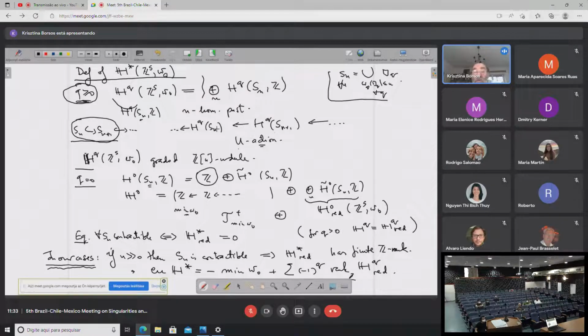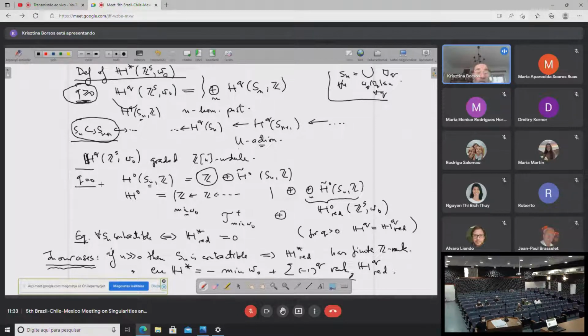That is a U action on this direct sum. So U has, say, degree -1 in this terminology, and so HQ is a graded Z[U] module. That is the structure that I want for any Q.